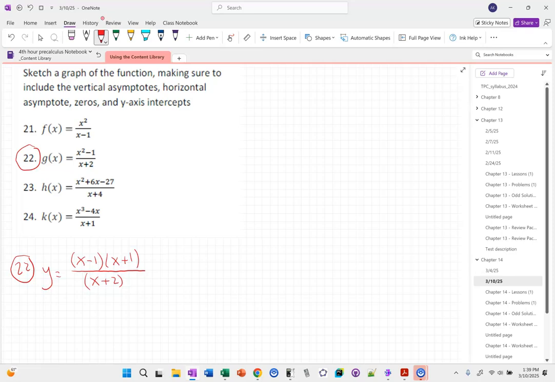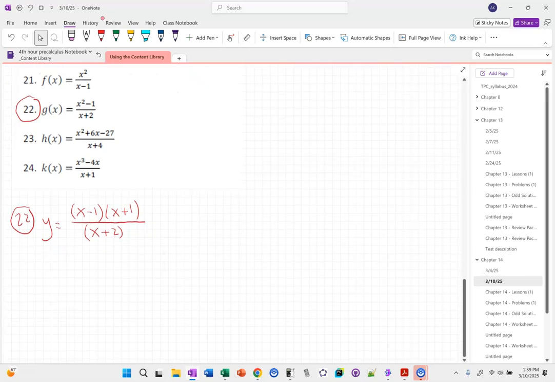Any questions there? Okay, now let's start finding those key features. What's the vertical asymptote going to be here? Negative 2. Everybody see how she got that? Setting the denominator equal to 0 and solving.